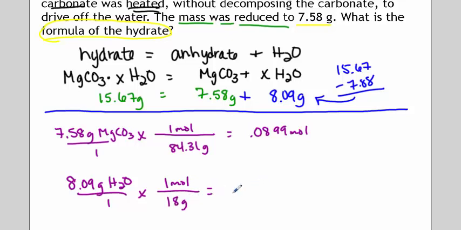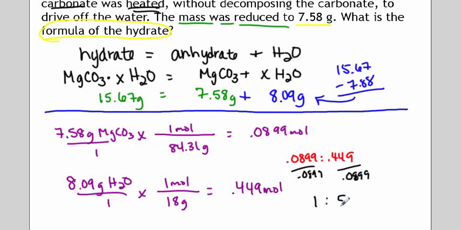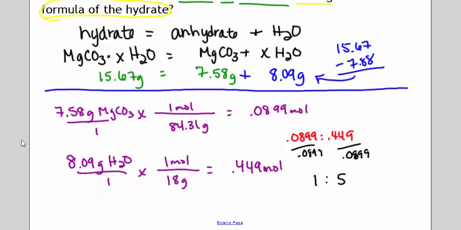That is 0.449 moles. Now we look at our ratio, 0.0899 to 0.449. 0.0899 is the smaller, so the ratio is 1 to 5. So our formula is MgCO3 dot 5H2O, magnesium carbonate pentahydrate.